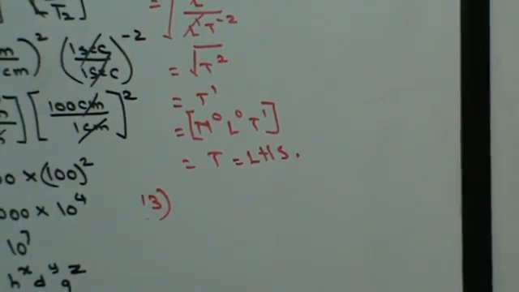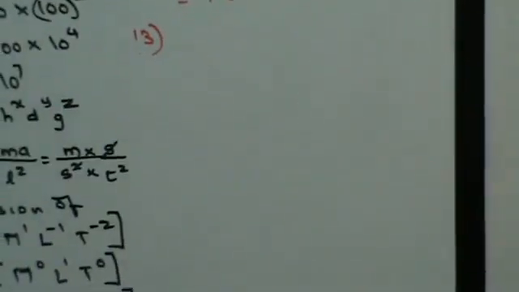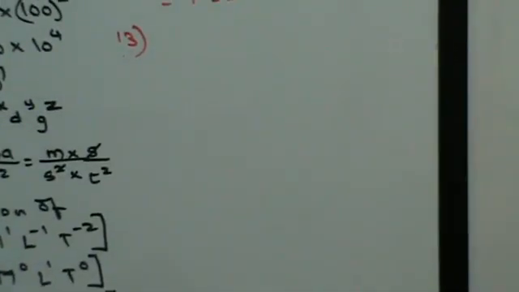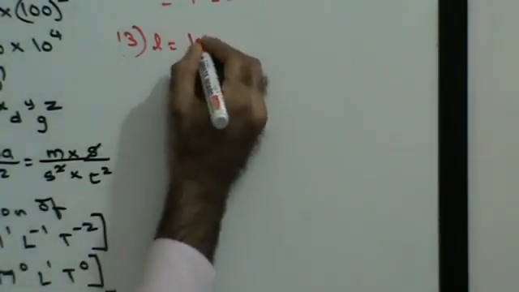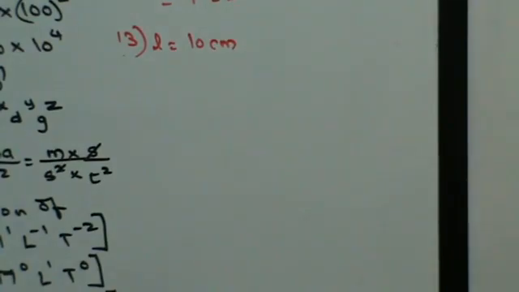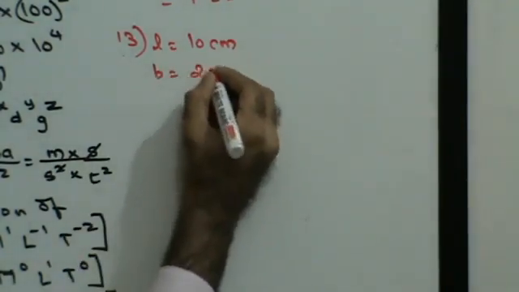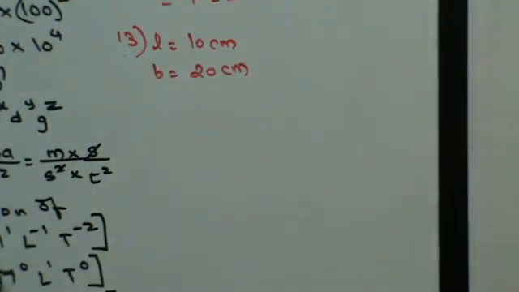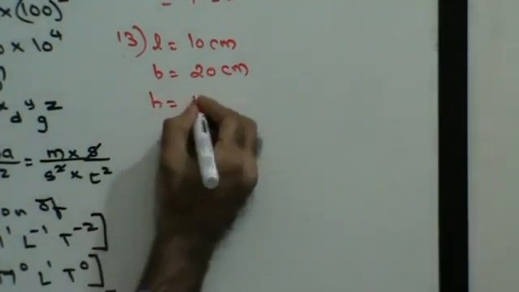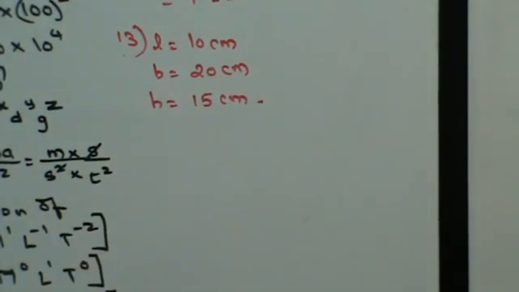The percentage error in volume V of a block of length 10 centimeters, breadth 20 centimeters and height 15 centimeters.